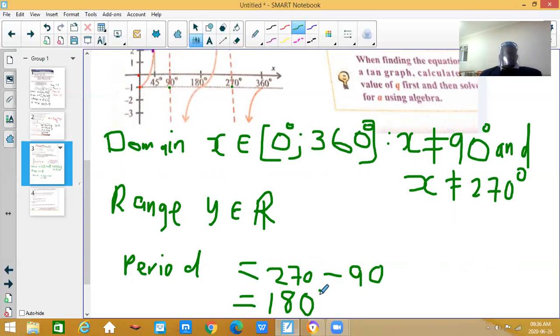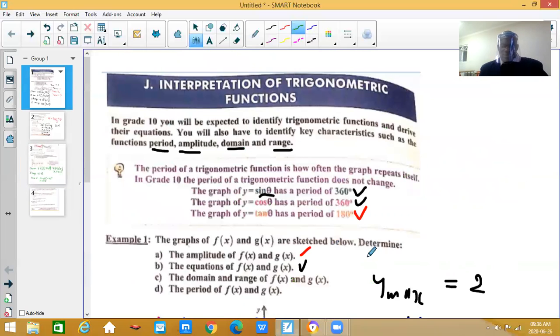So the period is 180 degrees. Always the period of tangent is 180. Period of cosine, 360. Period of sine, 360. You must have an understanding of this.